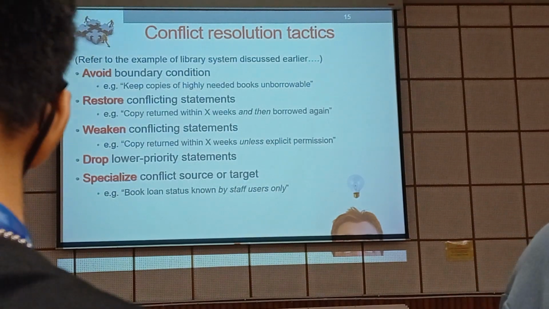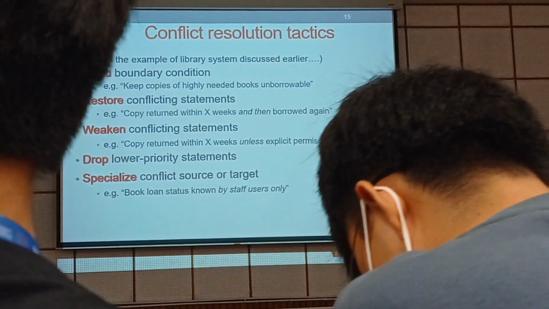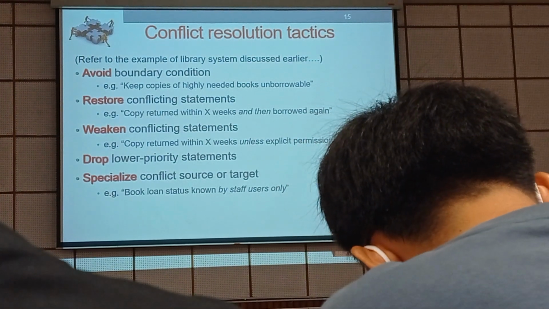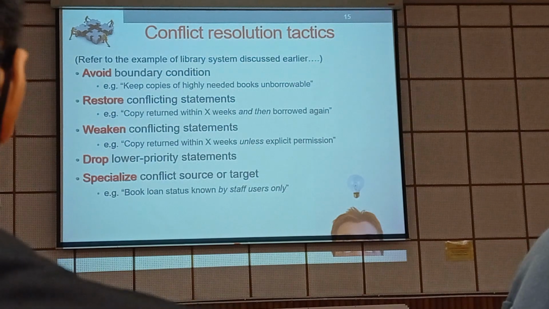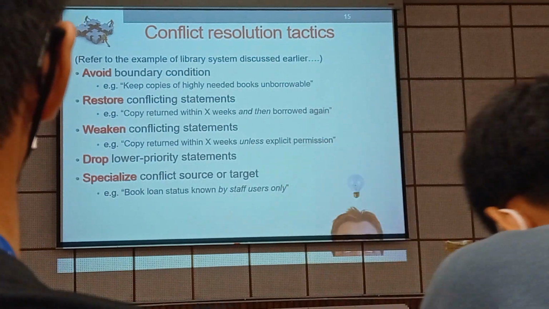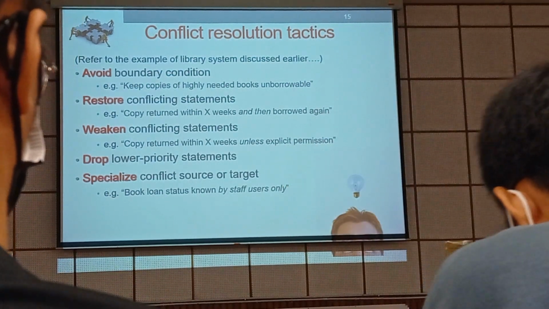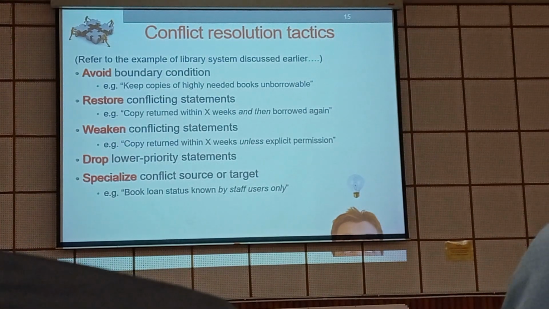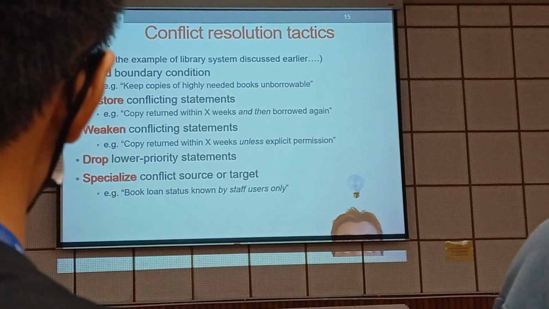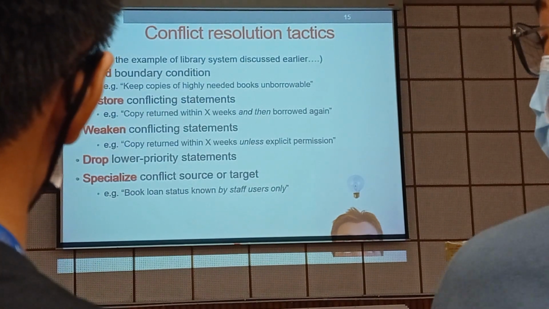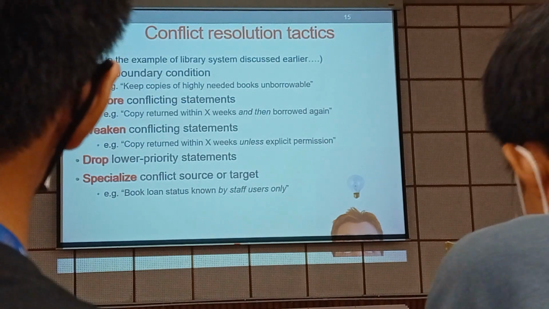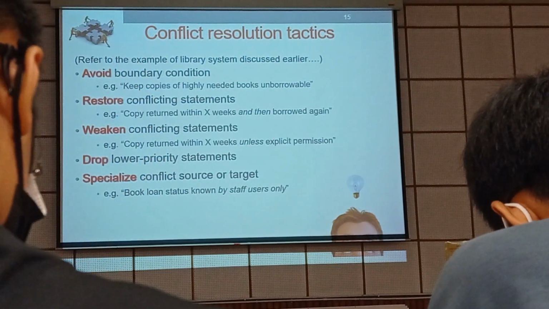Agree with me? You have to return the book within next week, but if you want to keep it you also can. You want to keep 10, but you must have permission. So you are making both parties happy. If you have permission from the authority, you can keep the book. So that's another way to reduce the conflict gap between the conflicting statements.